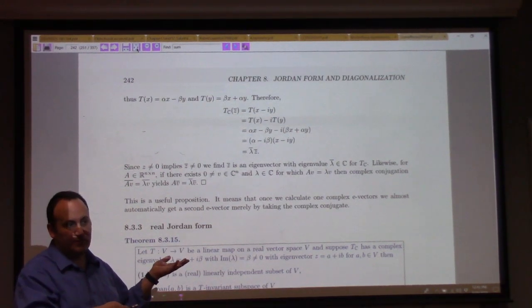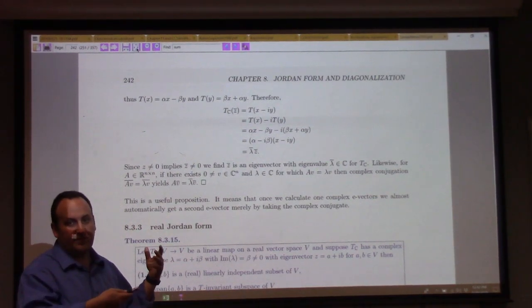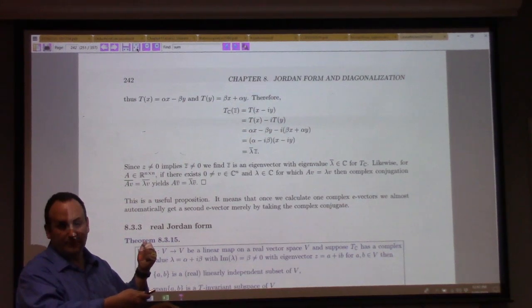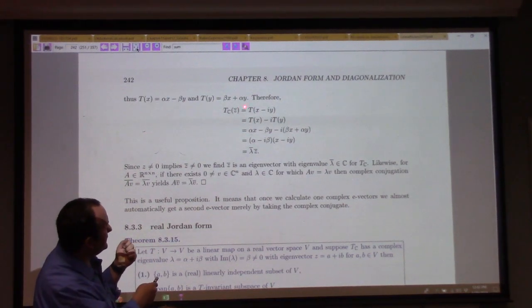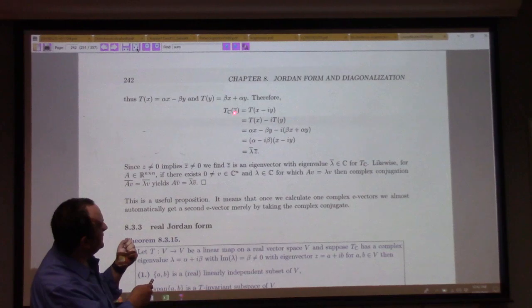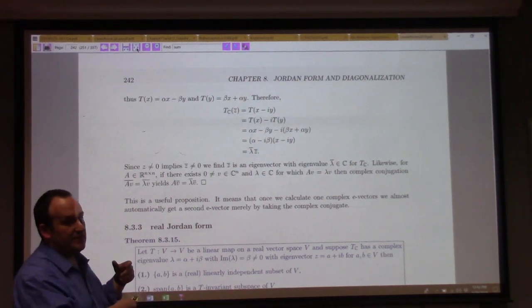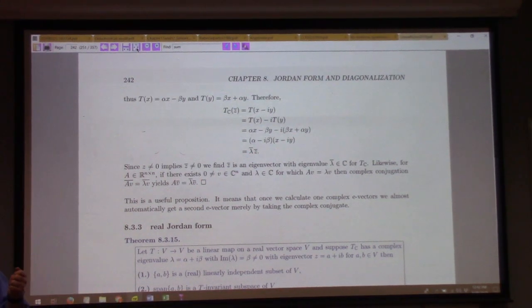That's also a complex eigenvector for the complexification with complex eigenvalue conjugate of what we had. So that's what this calculation shows, that the complex conjugate of the eigenvector has eigenvalue complex conjugate of the original eigenvalue.